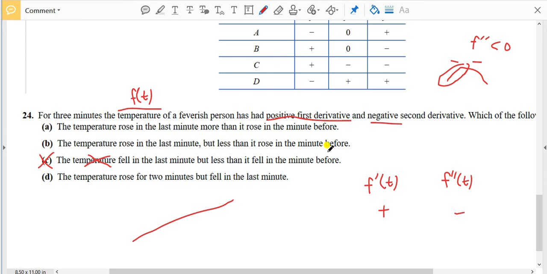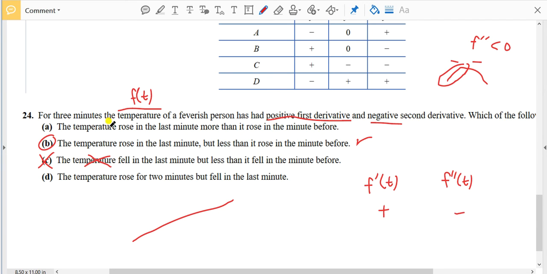So your correct answer should be B, because the temperature does rise in the last minute. However, it is rising at a slower rate, or less than it rose in the minute before that, because it's rising at a slower rate due to the negative second derivative here.